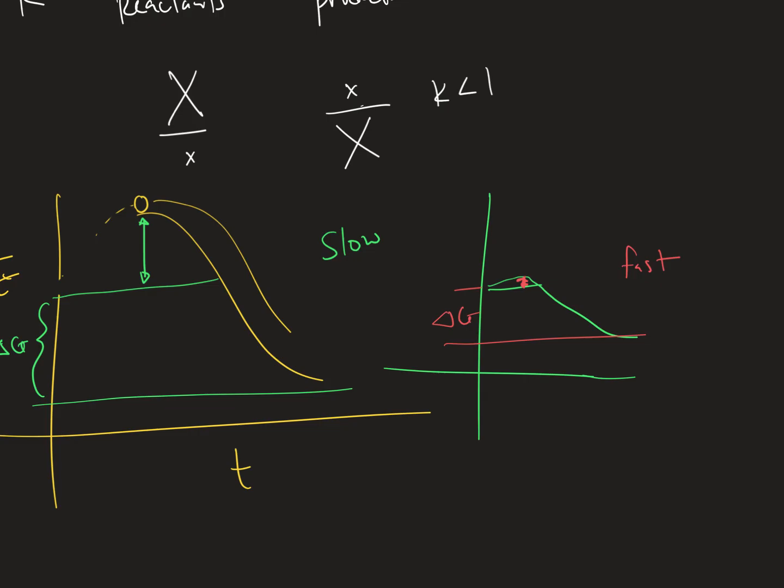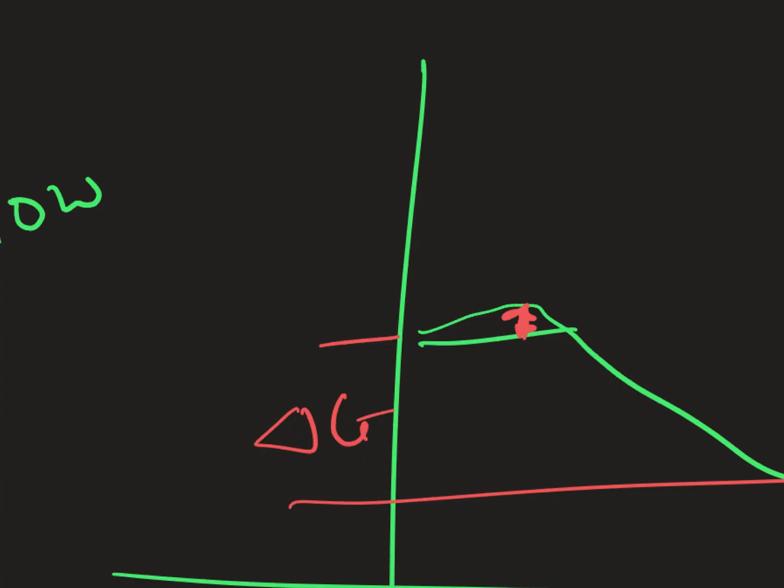Or if you have gasoline and oxygen, you can't just let it sit there; it won't happen. You have to give it a spark. You have to give it some energy for it to start. Does that make sense? And that we call activation energy. So this right here.